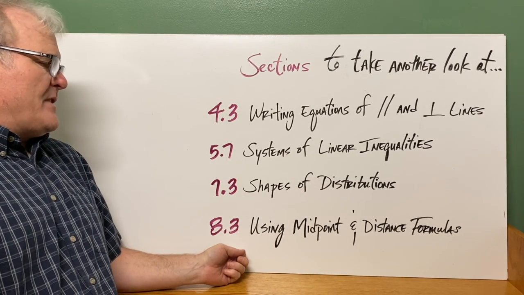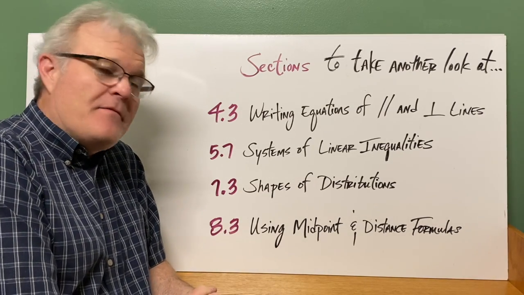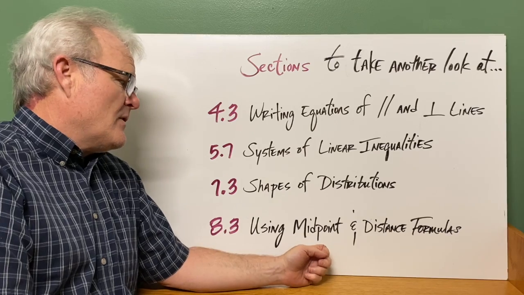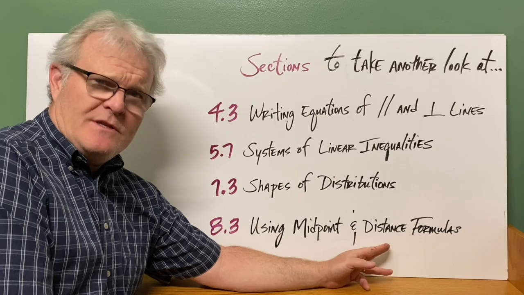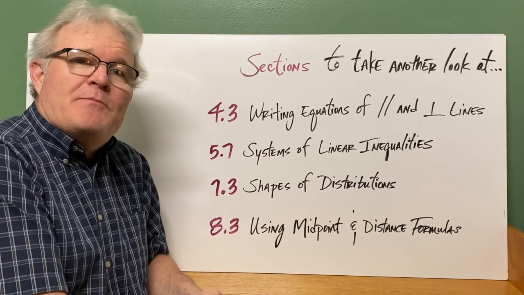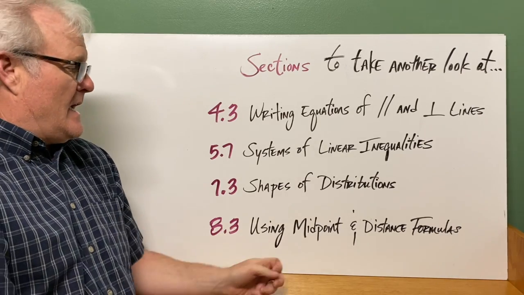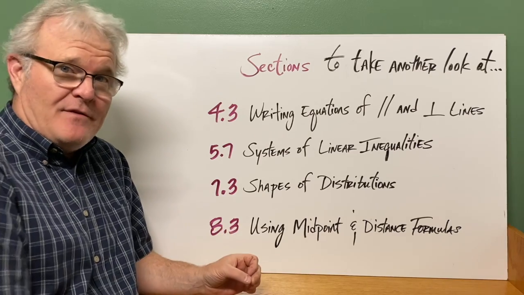And 8.3 was using midpoint and distance formulas. This one was really key also because distance formula is what you would use to find the perimeter of different shapes. And with that, remember, we did a lot with the Pythagorean theorem. Midpoint was when you found the middle point for a segment.